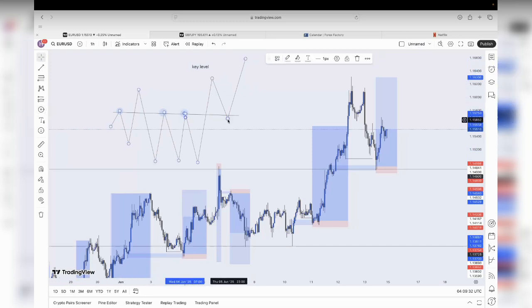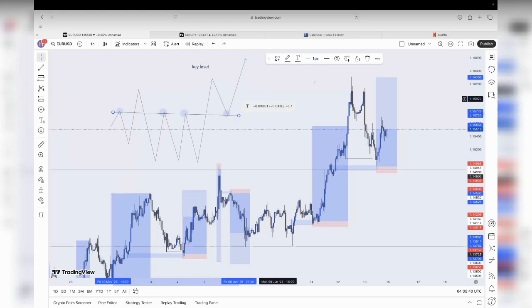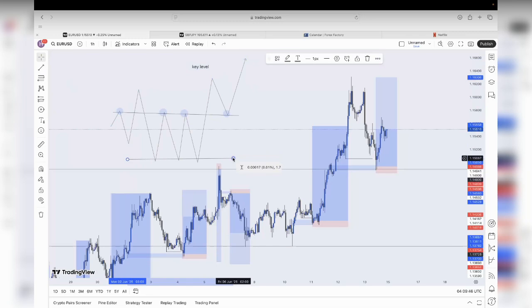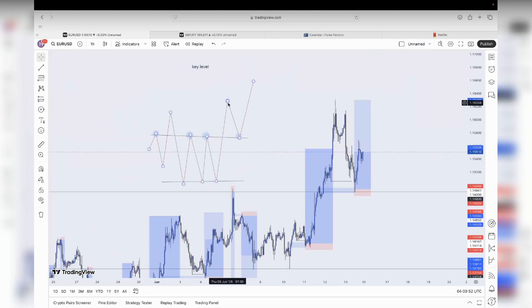After breaking, it came back and retested, and then bought from here. So this line is what I call a psychological level, and also this line here is a psych level. So this is type 1, the psychological level.